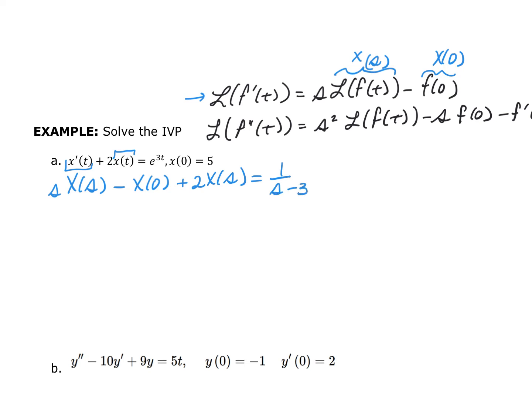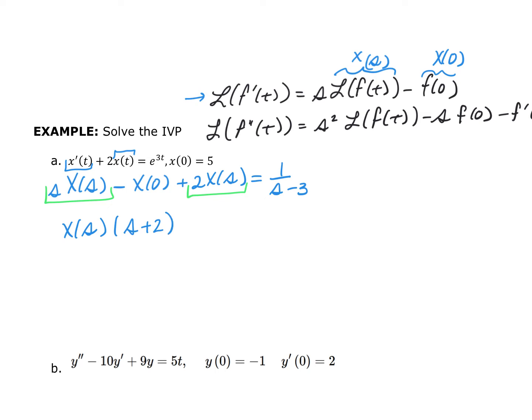Now we can see that we have the cap X of s here and here, so we can factor that out. So we have cap X of s. I am left with an s plus 2.